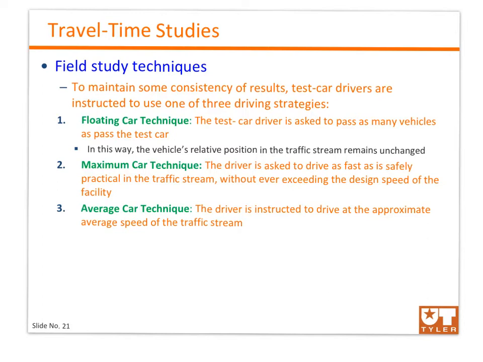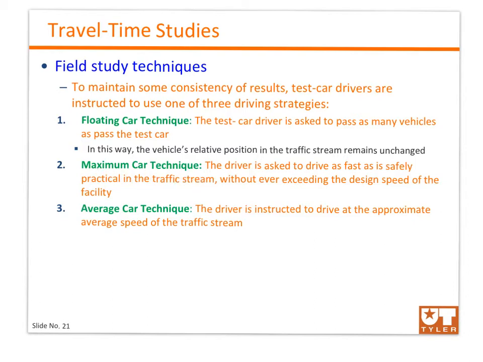The first one is the floating car technique, which means the test car driver is asked to pass as many vehicles as pass the test car. For example, if 4 cars pass the test car, the driver will be asked to speed up to pass the same number, which is the 4 cars. The second technique is the maximum car technique.